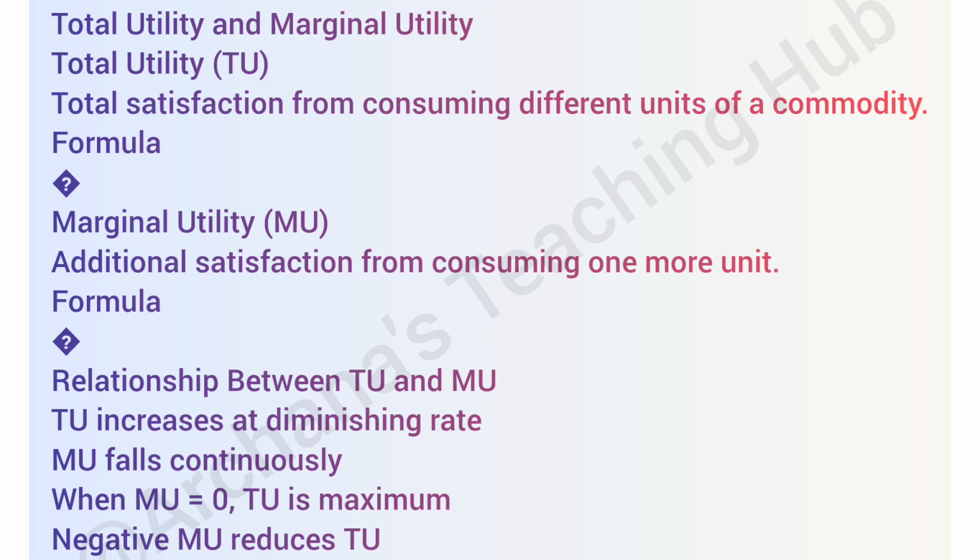Formula: MU is equal to delta TU divided by delta Q. Relationship between TU and MU, that is total utility and marginal utility. TU increases at a diminishing rate. MU falls continuously. When marginal utility is equal to 0, total utility is maximum. Negative marginal utility reduces total utility.